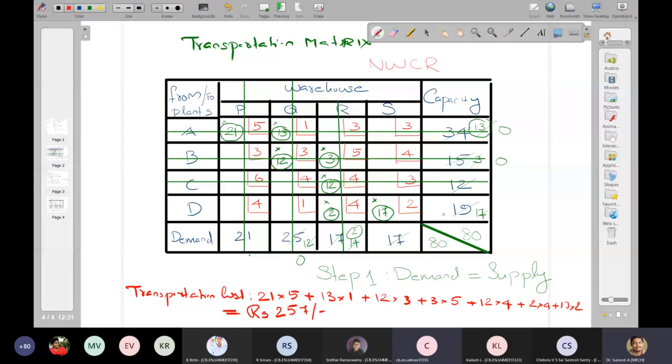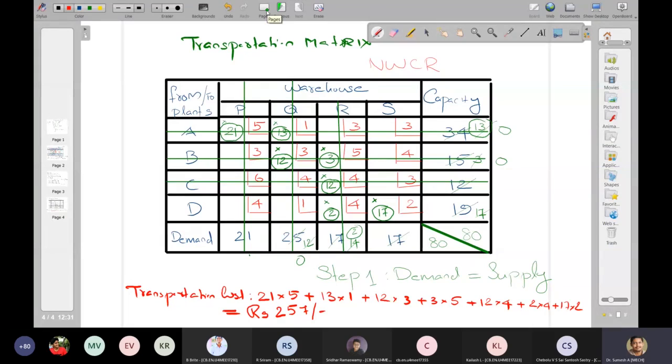See, this method is called the northwest corner rule, where cost is ignored in this method. This gives an allocation only to the northwest corner. That's all. Cost is not taken into account in this method at all. Only the particular position is taken into account.